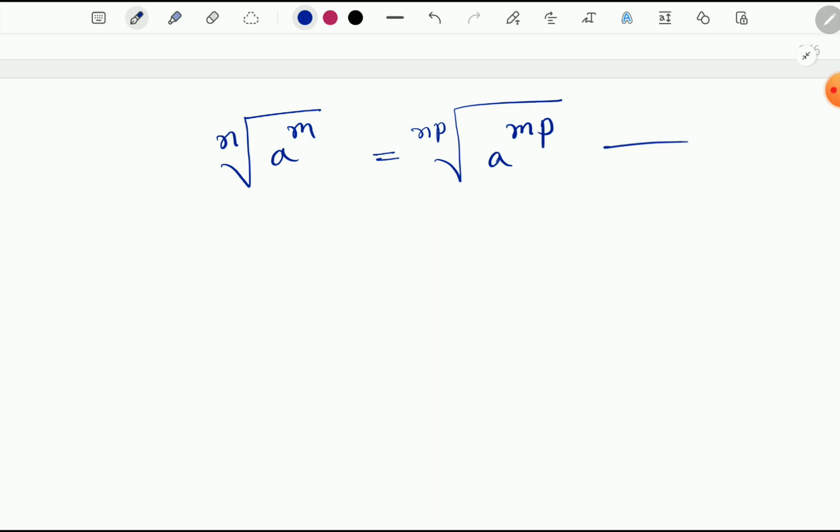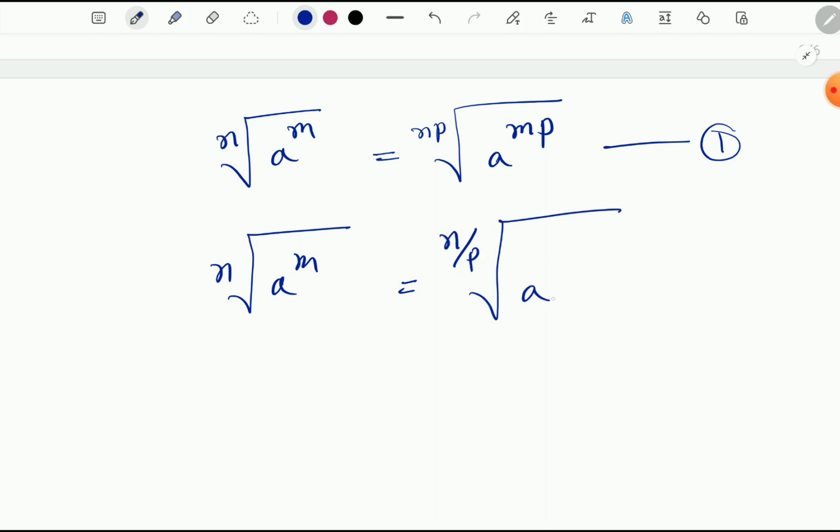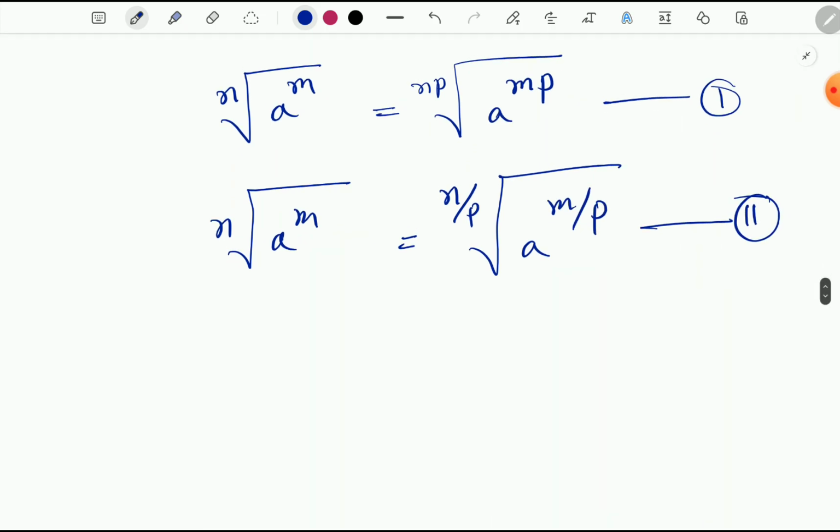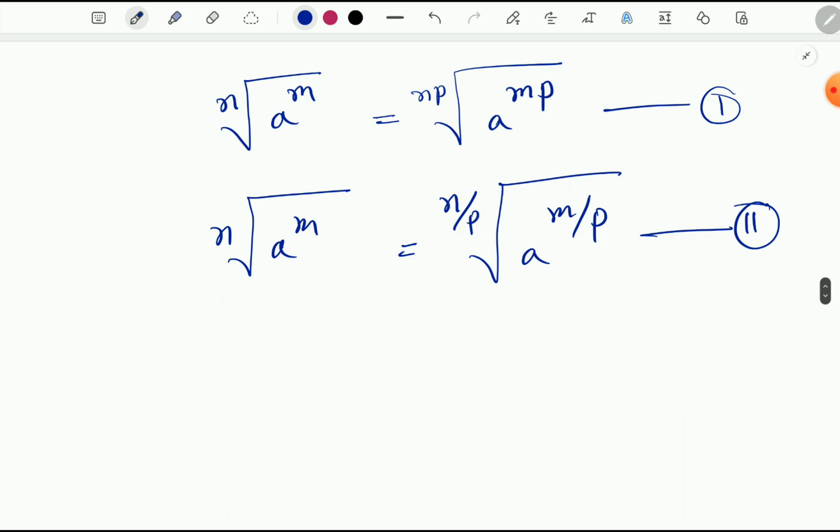Another formula, n root of a power m, we can write n divided by p root, a power m divided by p. This is second formula. So how it makes sense, take a look here, here is n and m.